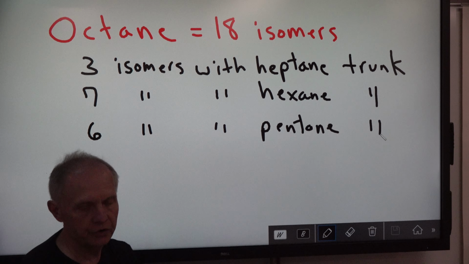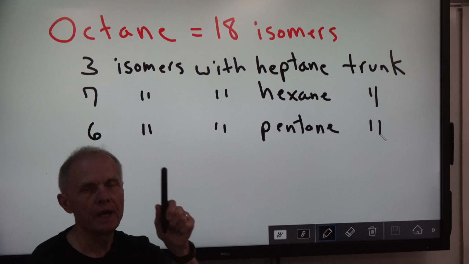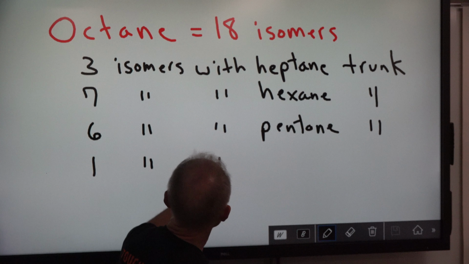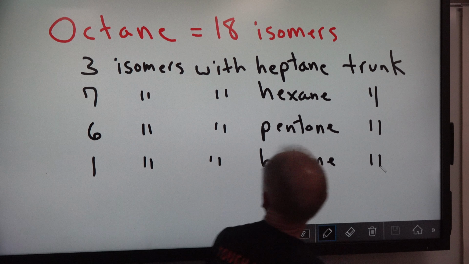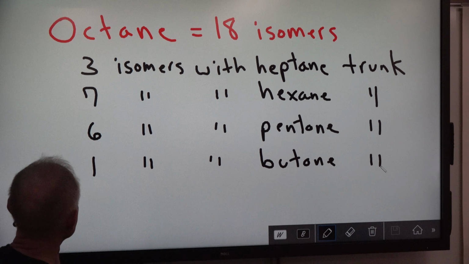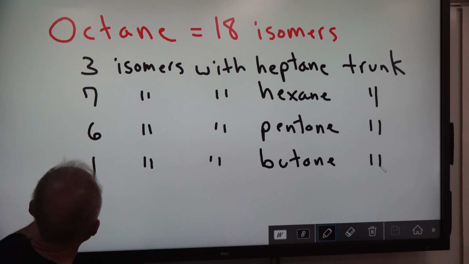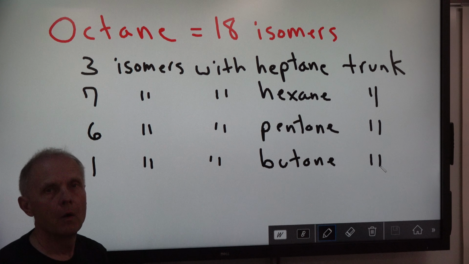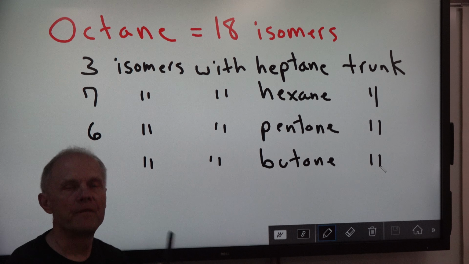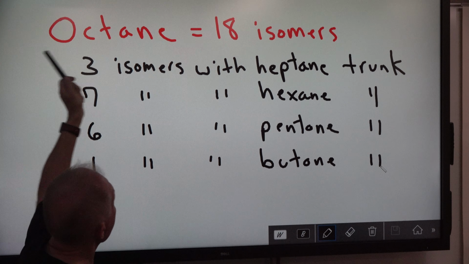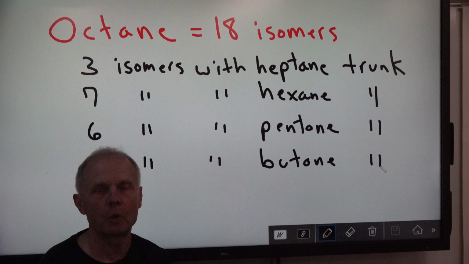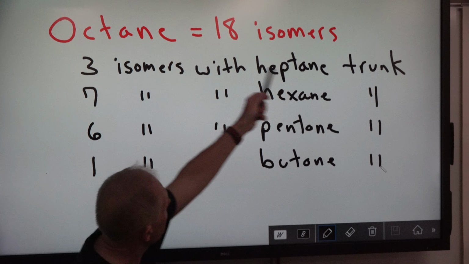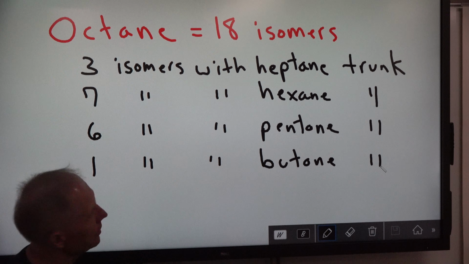And there is 1 isomer with a butane trunk. Now, these add up to 17. Well, where did I get 18? The very first one, normal octane, is just 8 straight across. We count that as the first one. So, other than normal octane, here is the breakdown.